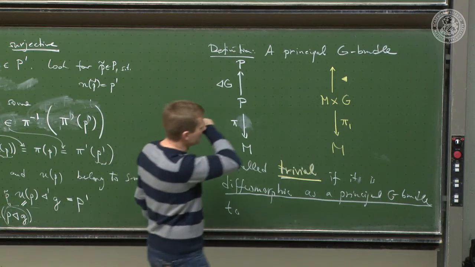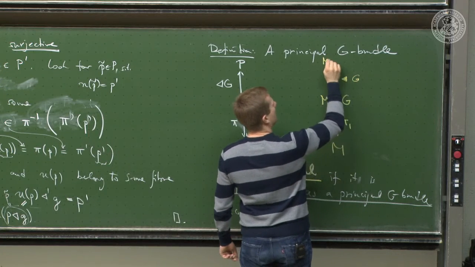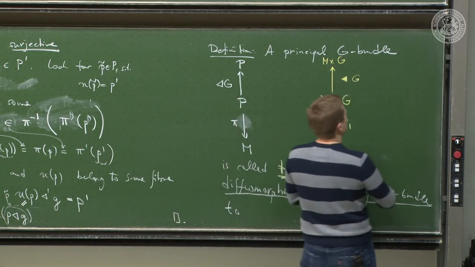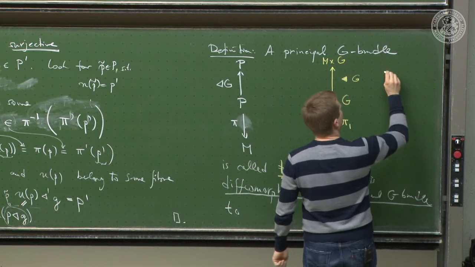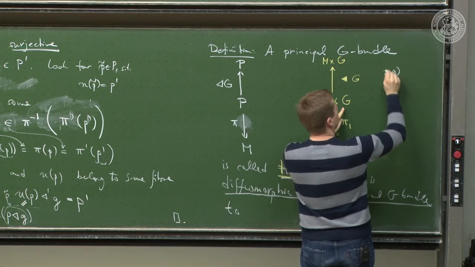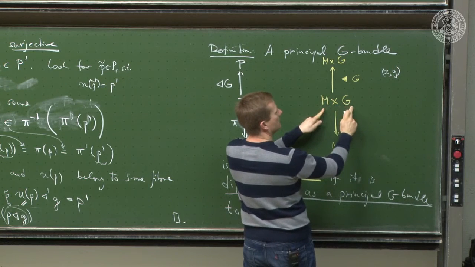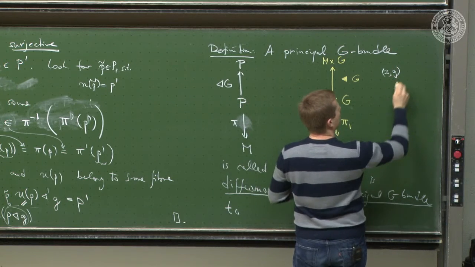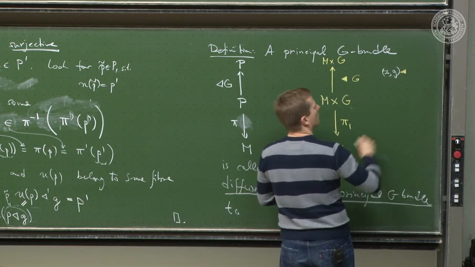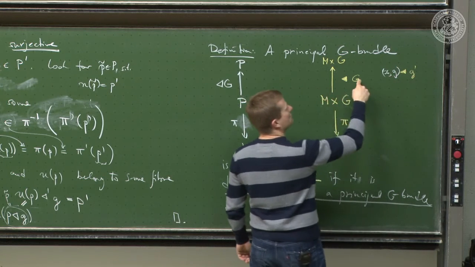It's the solid action of the group on M cross G. So how does this act? Well, you have an element x and you have a g, that's certainly an element in here, and then you act with the solid action on it with some arbitrary element g prime.